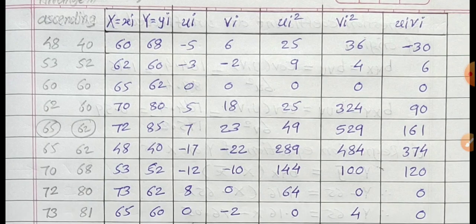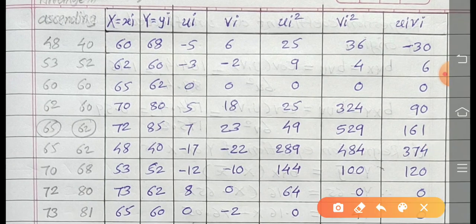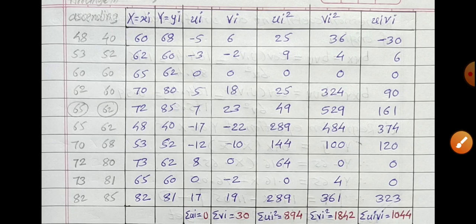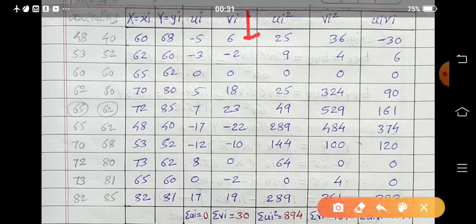From each value of x we subtract 65. Clear? So 60 minus 65 is minus 5, 62 minus 65 is minus 3. In this way you calculate. Next, the value of vi. How to find the value of vi?